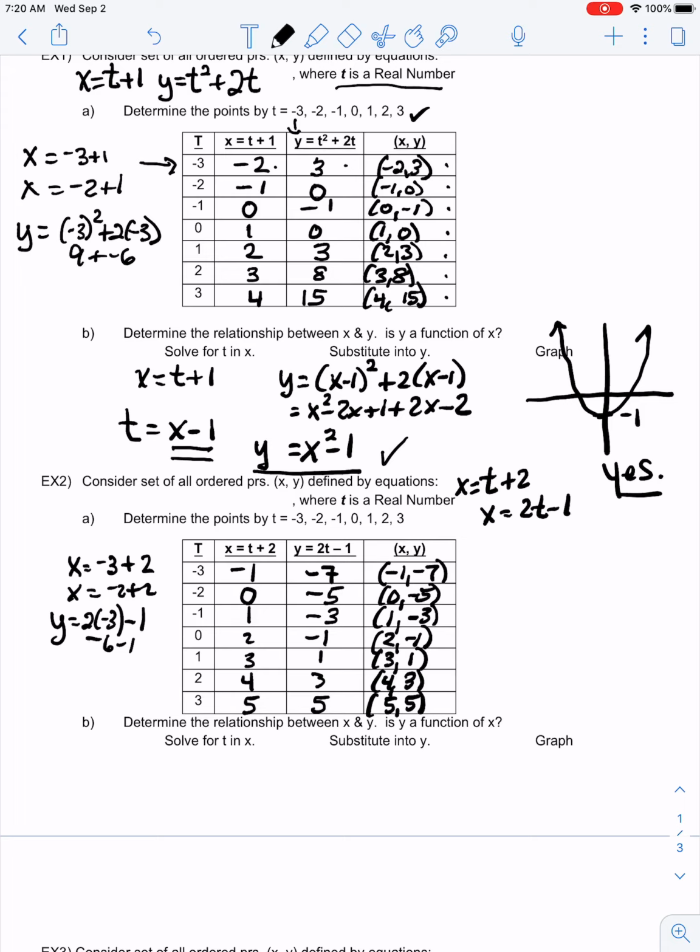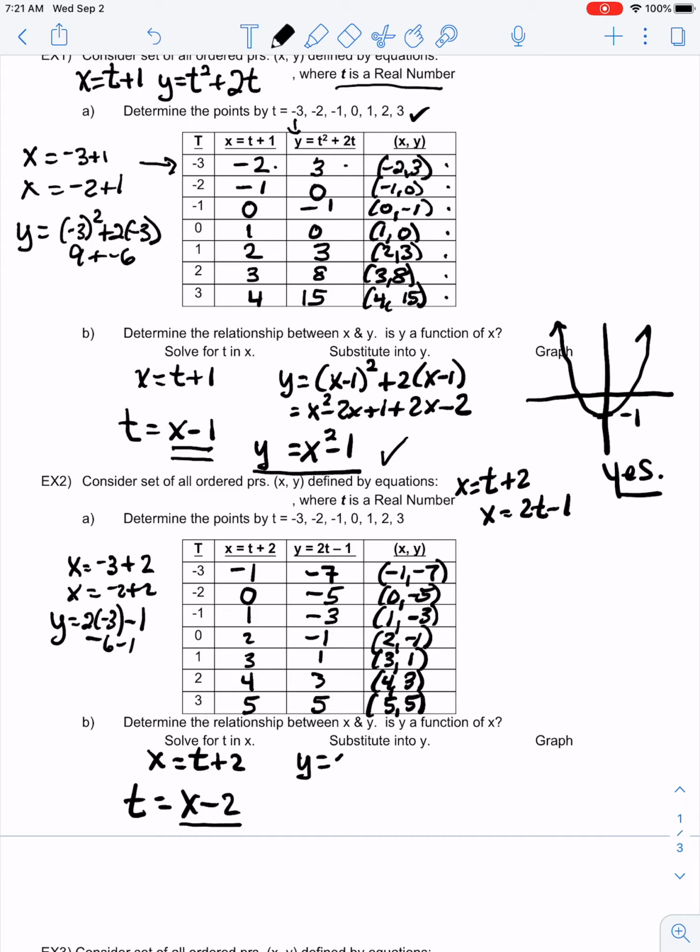Okay, so next thing we're going to do is to solve for t in terms of x. Okay, so if x equals t plus 2, that means t is going to equal x minus 2. Then we're going to substitute that into the y equation.